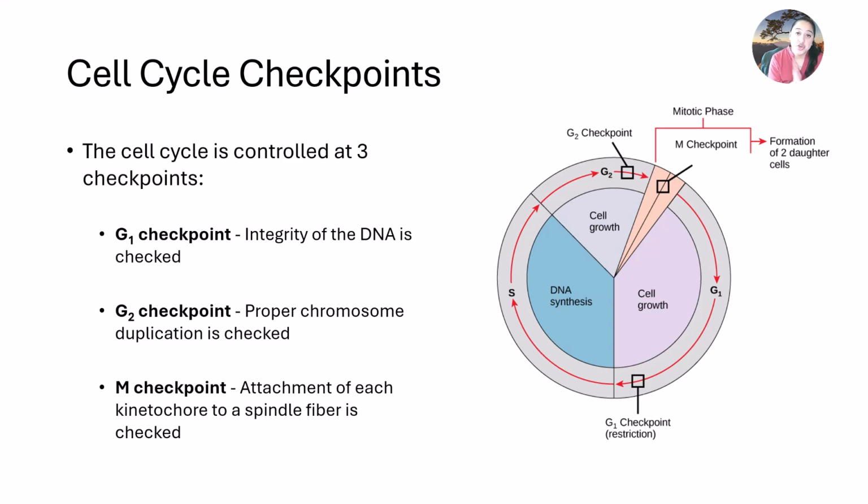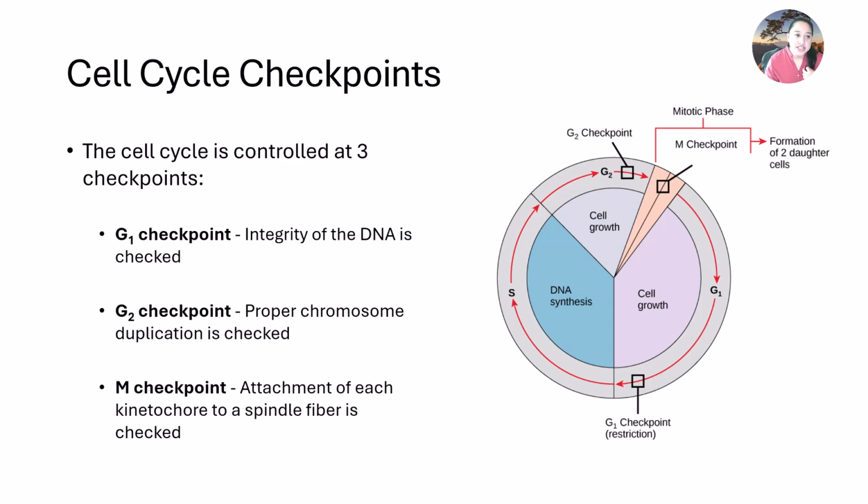So at the G2 checkpoint, they check that proper chromosome duplication happened and there were no major errors. If there are, we have to fix them before we move forward. Either fix it, or if we can't fix it, then we just have to kill this cell. So the G2 checkpoint is making sure the chromosomes got copied correctly, and then we can move forward.